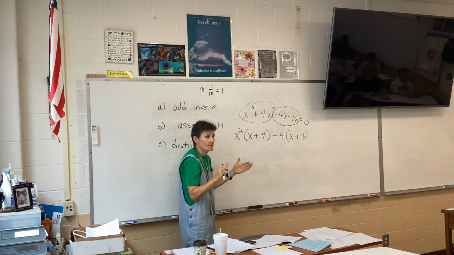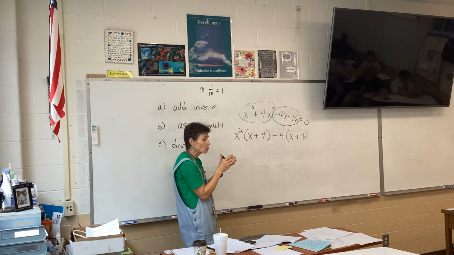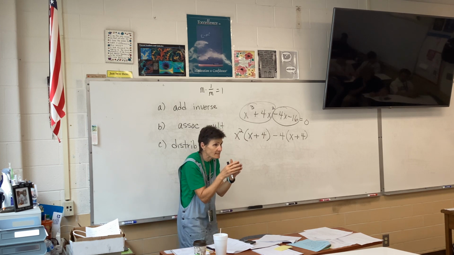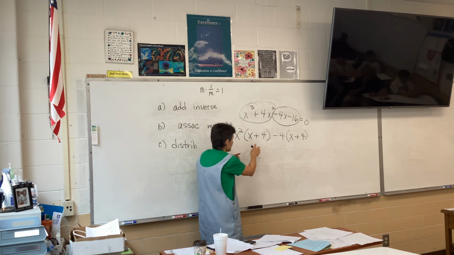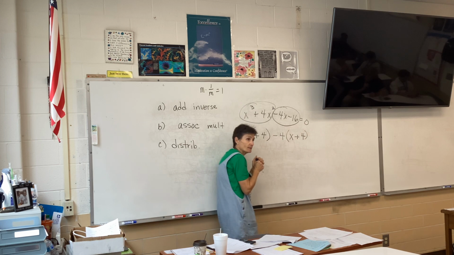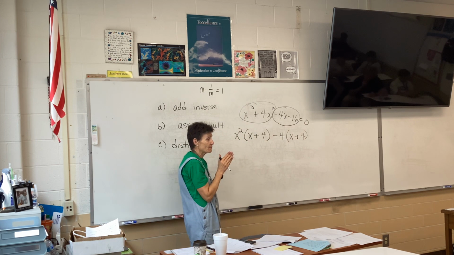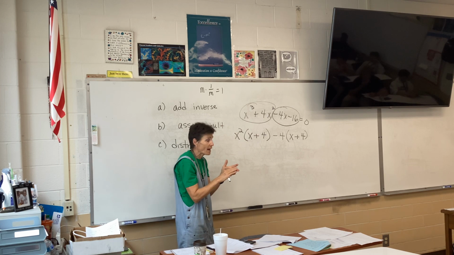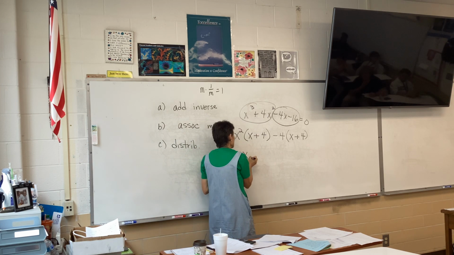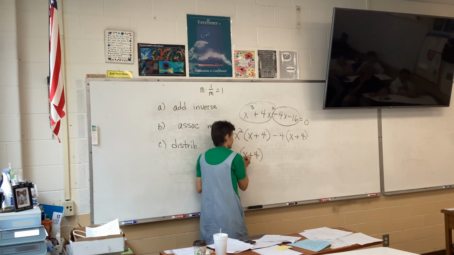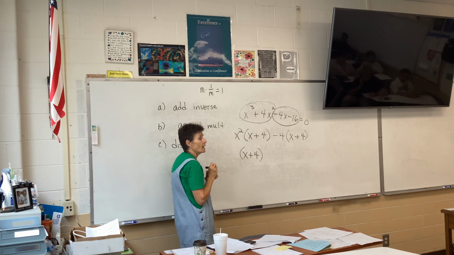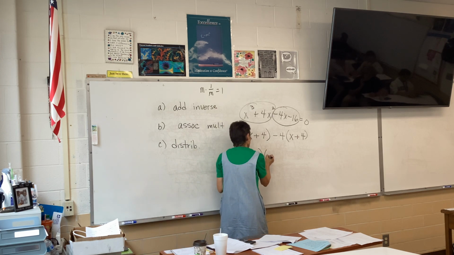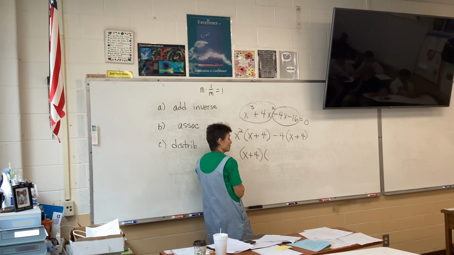This is awesome, because when you factor by grouping, what has to happen? You get the same parentheses, right? That has to happen. If it doesn't, you factored wrong or it doesn't factor. Those have to match. So, I'm gonna write down the match. And then in another parentheses, I'm gonna write down everything else.